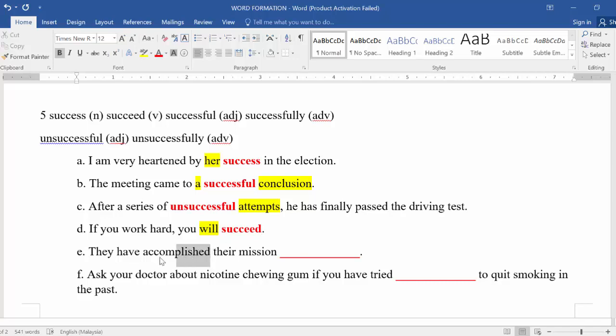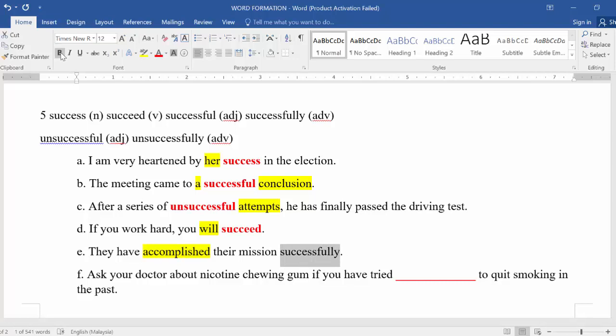So this word should be describing accomplish, the action. Usually the last word will be an adverb. So they have accomplished their mission successfully. Your keyword is accomplish, and successfully describes accomplish.